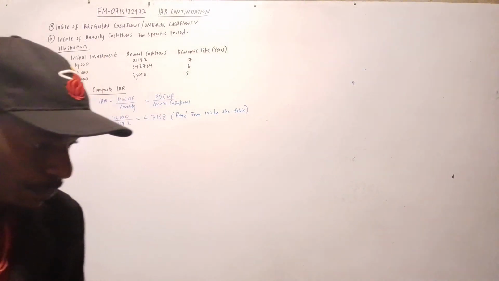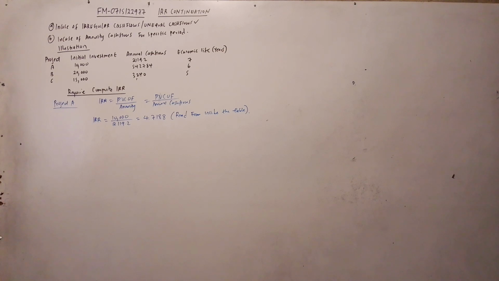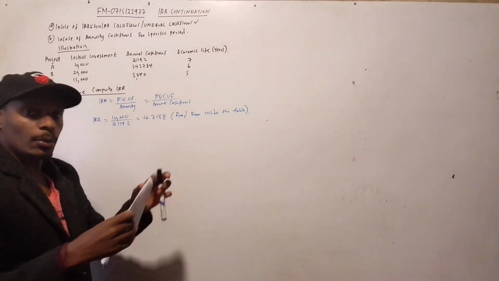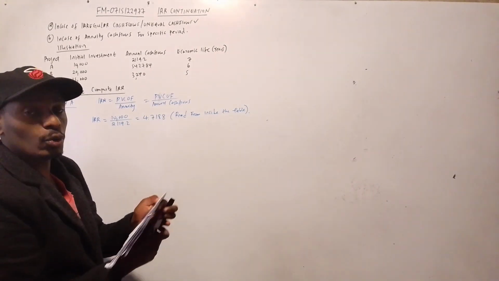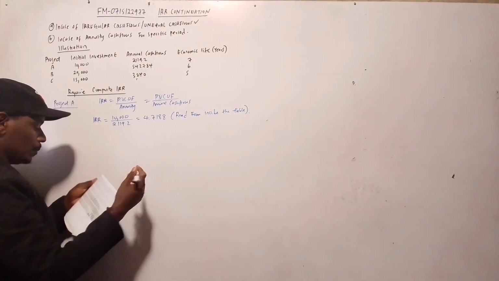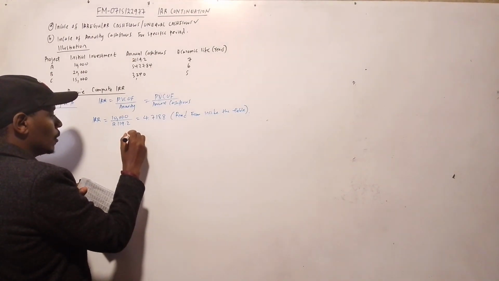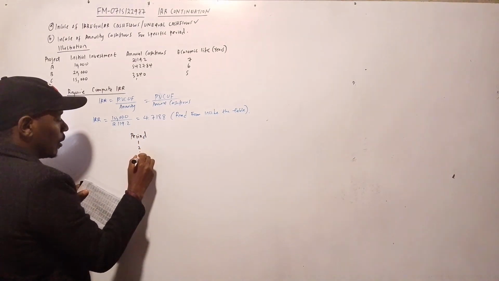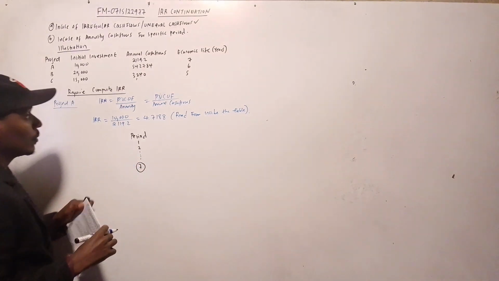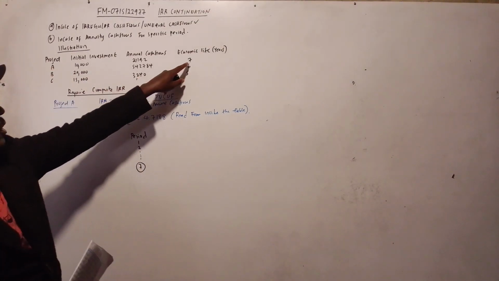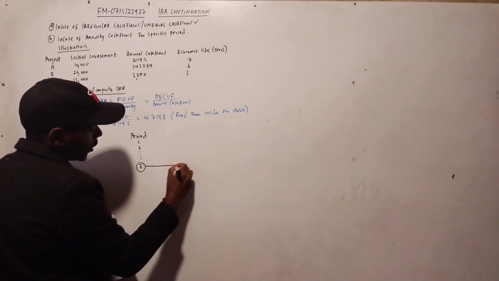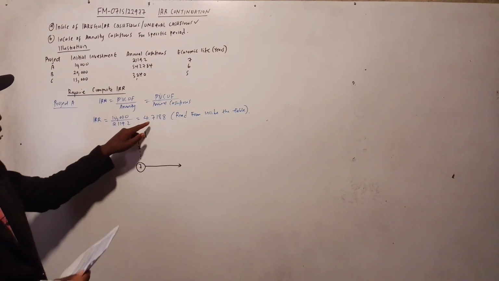So I want to pick my table. Here it is. Because this one is an annuity, we use the table for annuity. So when you go to your table, you locate the years first. The table has the period: 1, 2, and so on up to 7. Our period is 7 because for project A the cash flow was 7 years. Once you locate the period, you go along that line until you get this figure, 4.7188.